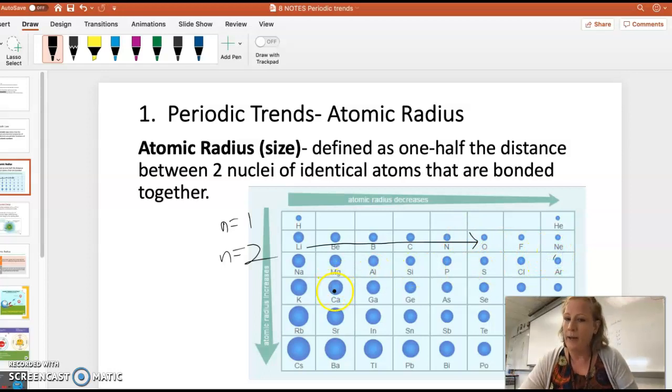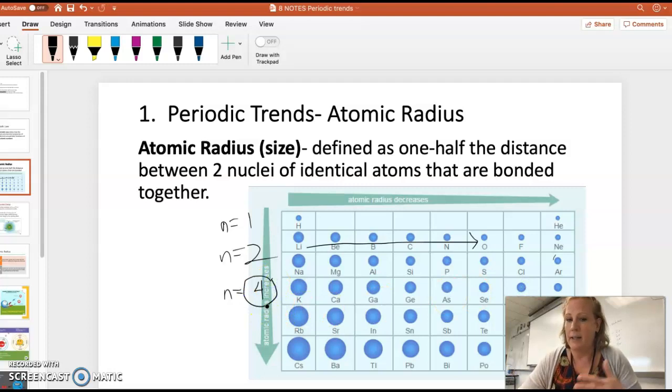And that one's a little weird because they're adding protons. They're getting bigger, but their size is smaller. That's because you're increasing the positiveness of the nucleus without adding any levels of electrons. So if I'm in n equals 4, starting at potassium and then going over to bromine, I haven't added any energy levels.